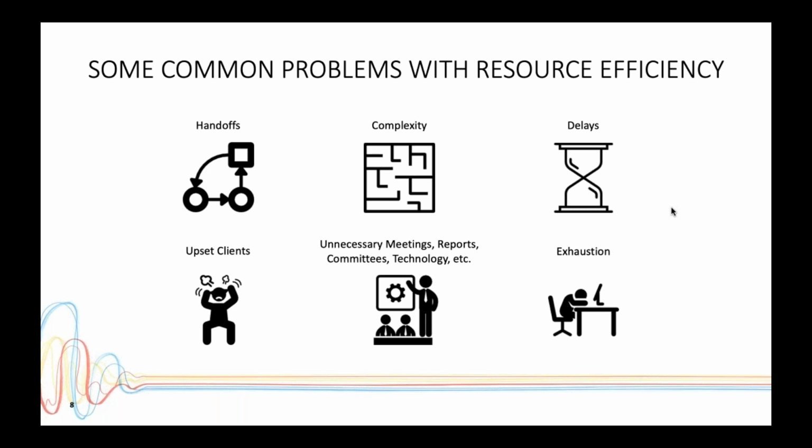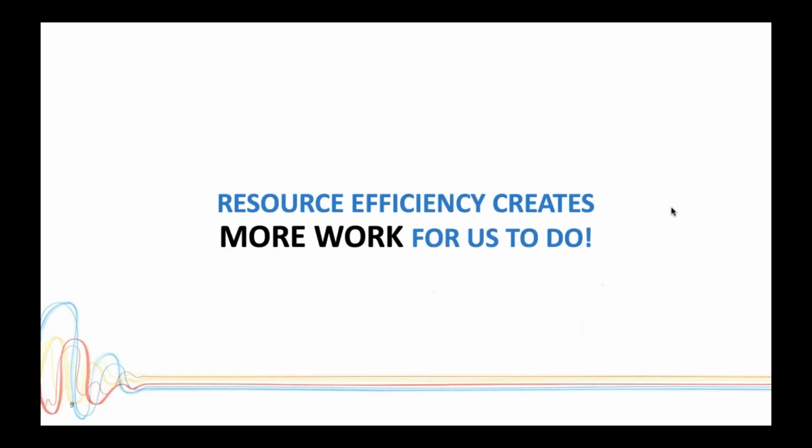So resource efficiency seems like a good thing at first, right? It's cost effective to produce billions of widgets per hour. But there are a lot of problems that happen when we keep our people really, really busy. So the punchline to this is that resource efficiency actually creates more work for us to do.